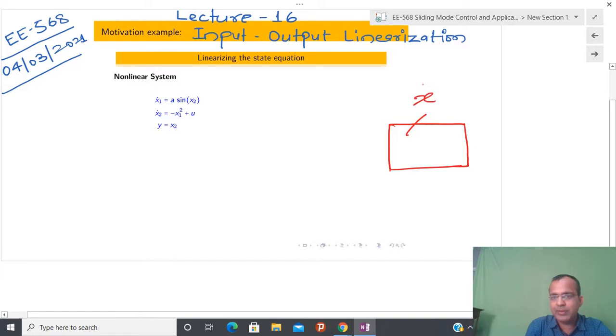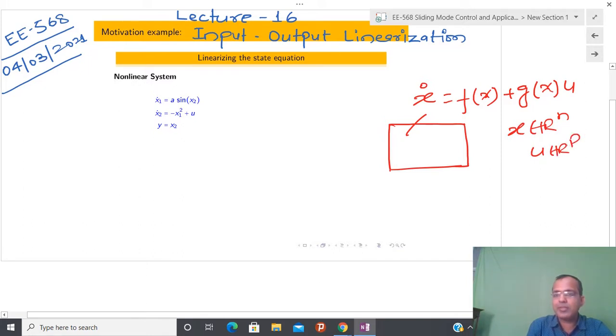If you remember, I have represented the system like this: x dot equals f(x) plus g(x) into u. For the time being, I am just going to talk about this class of system of the following form, and here I am assuming x belongs to R^n and u belongs to R^p, as in the previous class.